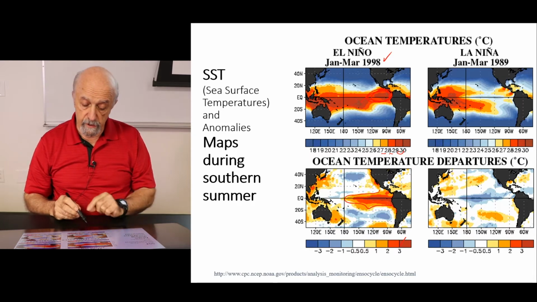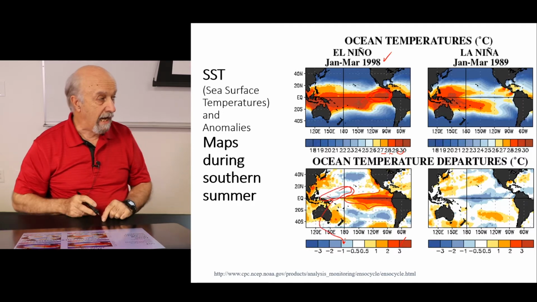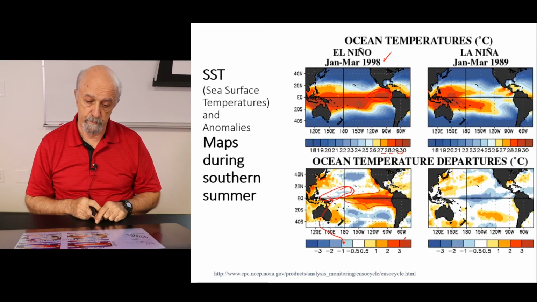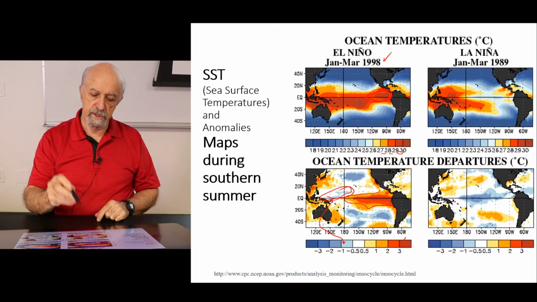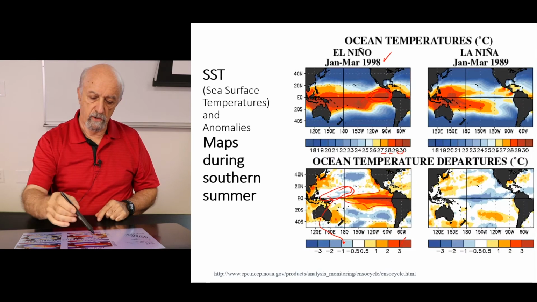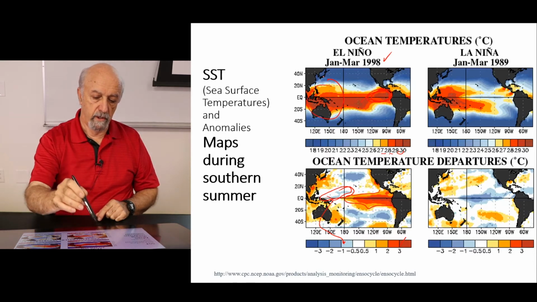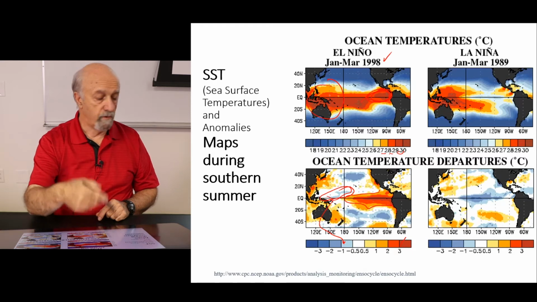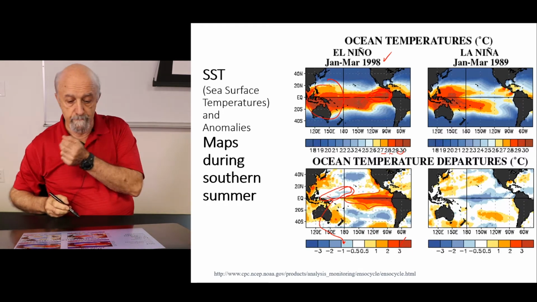And interestingly enough, if we look here, the temperature is less than normal. Why did that happen? Well, we're going to see. In general, during a normal time, the accumulation of warm water happens in the western area. But when El Niño is in full blown, we're going to see that thing moving east.